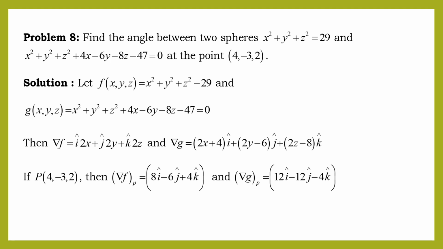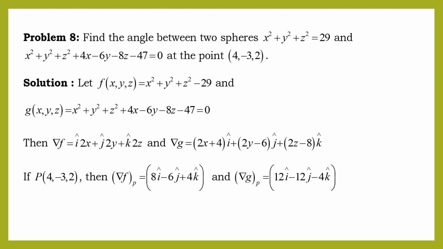To find out del f, we need to find out dou f by dou x, dou f by dou y and dou f by dou z. Dou f by dou x equals 2x, dou f by dou y equals 2y and dou f by dou z equals 2z for this function f(x, y, z) equals x square plus y square plus z square minus 29.